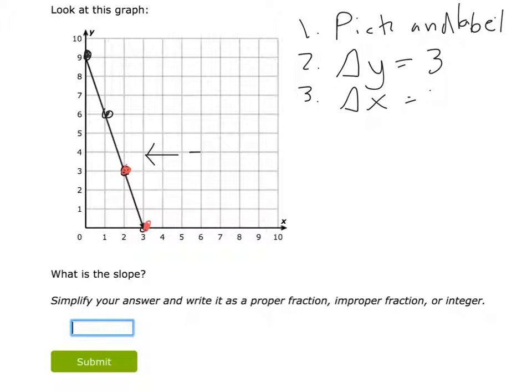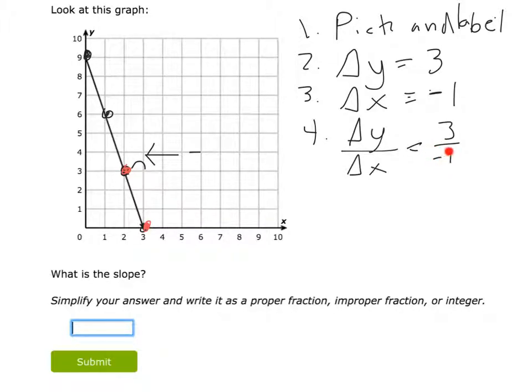So 1 to the left has to be negative. So change in x is equal to negative 1. Alright? And number 4, our slope is going to be change in y over change in x equals positive 3 over negative 1.